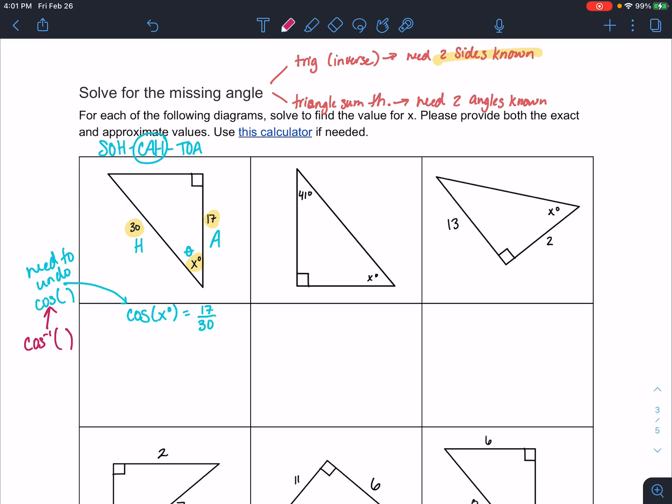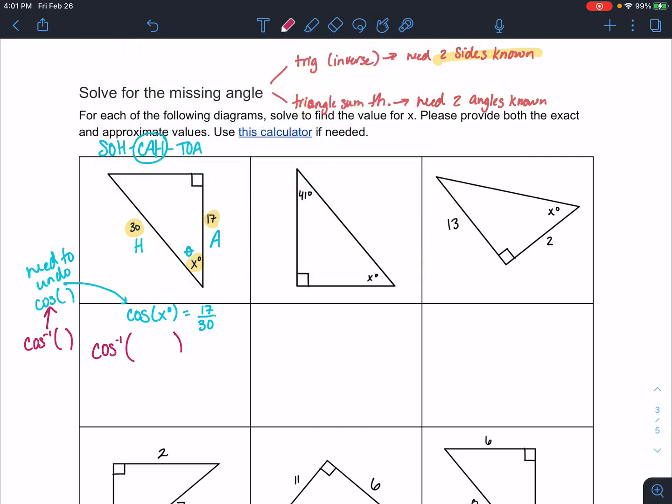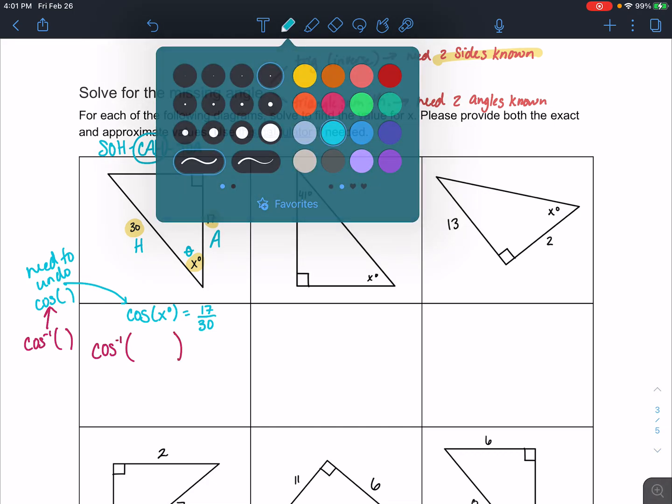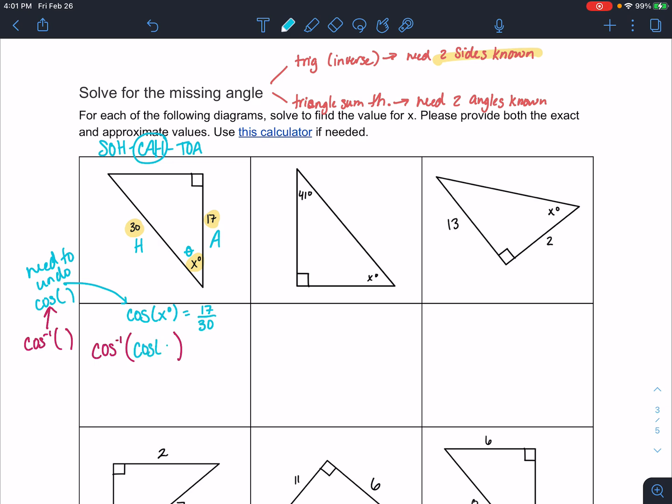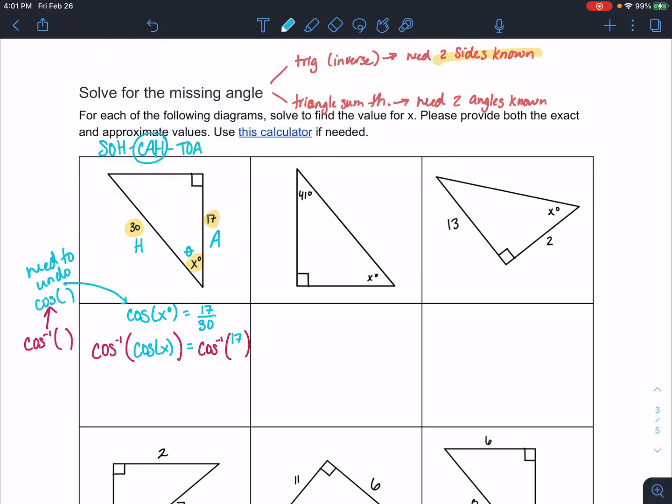So what I need to do is apply that inverse cosine function to what was already in the equation, which is cosine of x. However, whatever I do to one side of my equation, I also have to do to the other side. So I'm going to apply that cosine inverse function to the other side of my equation as well.